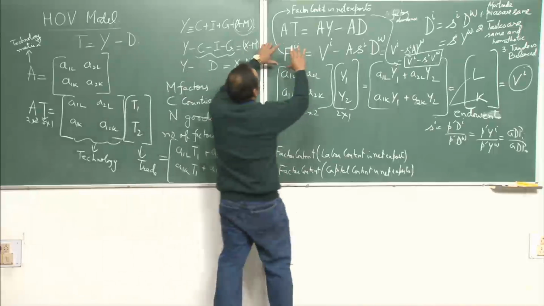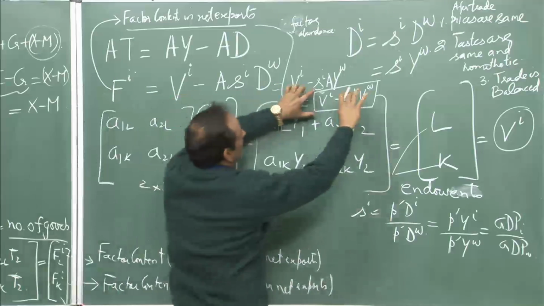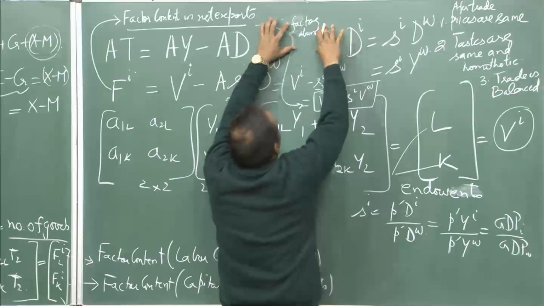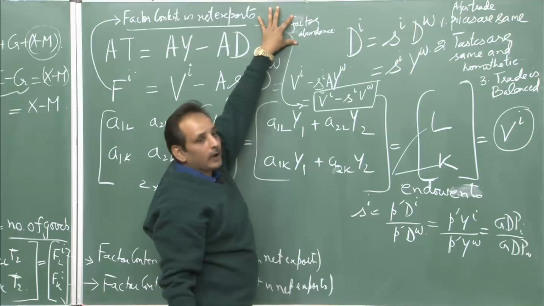So, you have the left side, which is the factor content in net exports, and then you have the right side, which is the equation for the factor abundance.